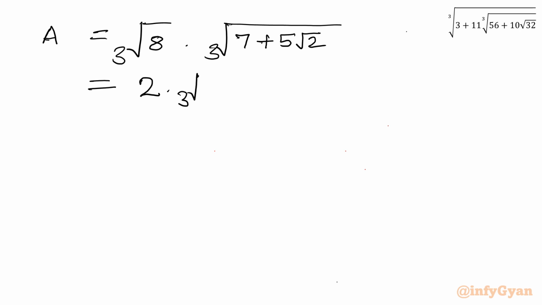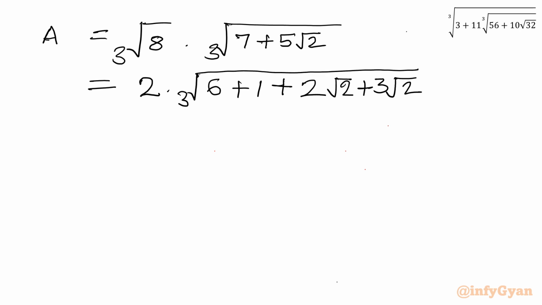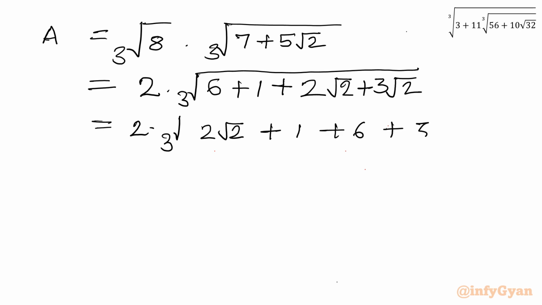Now I can split 7 as 6 plus 1 and 5 root 2 we can write as 2 root 2 plus 3 root 2. After rearranging the numbers, I can write 2 cube root, 2 root 2 plus 1 plus 6 plus 3 square root 2.